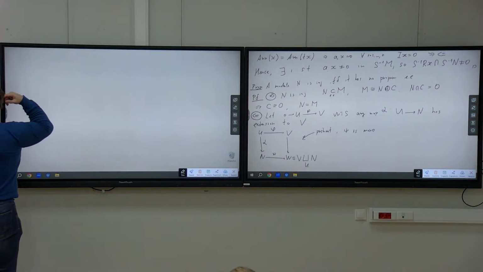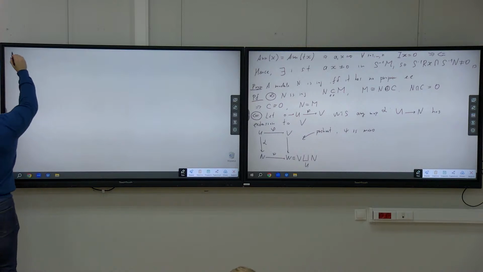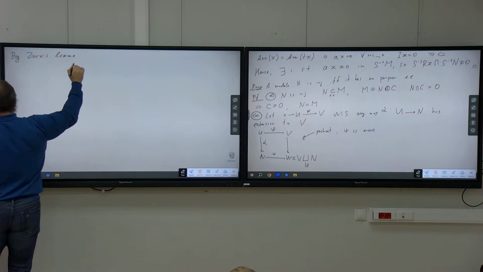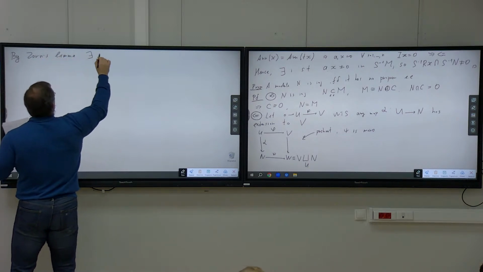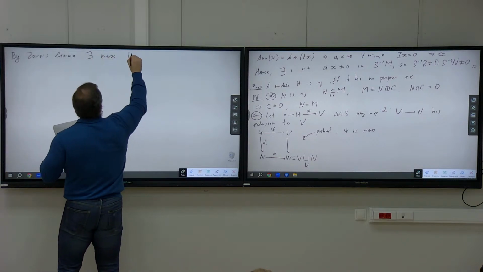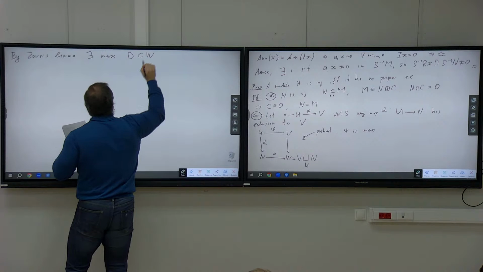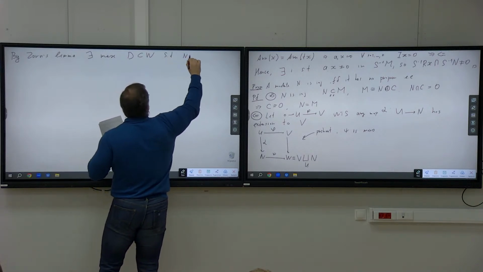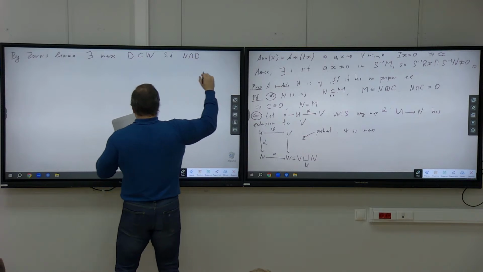Now I want to apply Zorn's lemma. By Zorn's lemma, there is a maximal submodule D inside module W such that N intersect with D is 0.